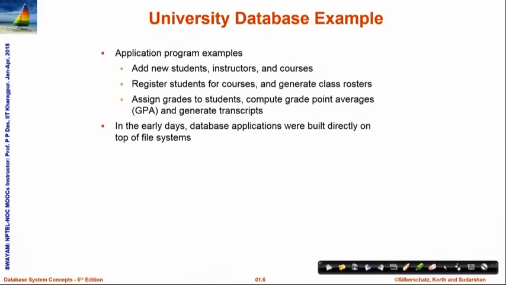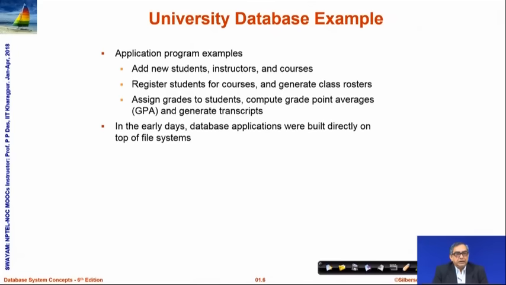In the earlier days, before the days of databases, typically such applications used to be managed through file systems. We all know that our system has a file system where different files, text as well as data files, can be stored, and information can be written in these files in a certain order.